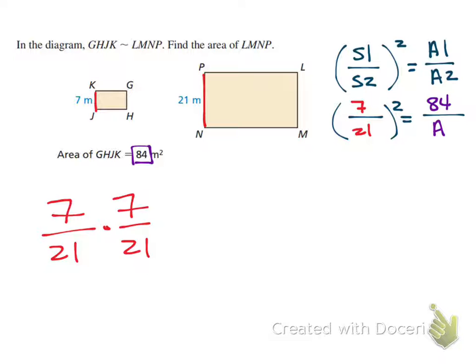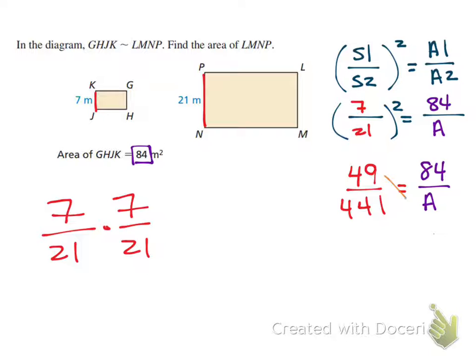All right, so 7 squared is 49. So you square the top and you square the bottom. 21 squared is 441. Don't ask me why I know, I just do. So we squared the top and we squared the bottom. Is everyone okay with 49 over 441? Okay.